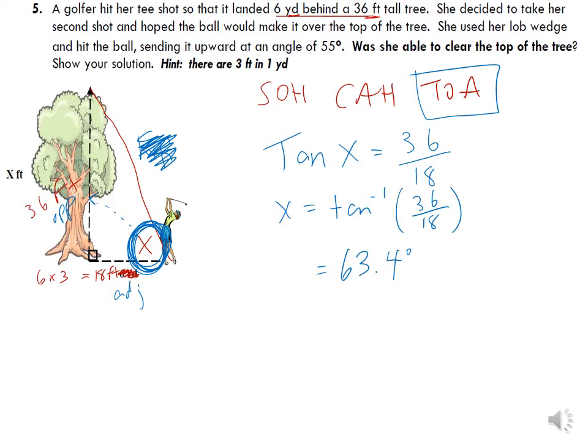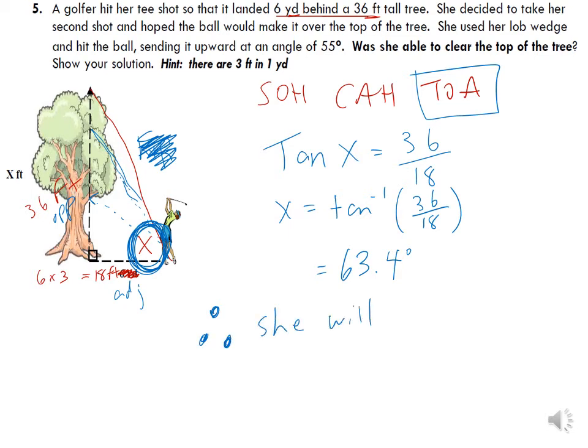She only hit her lob wedge at 55. So her lob wedge basically is less than 63.4. So that means that her lob wedge is something like this, and it's going to strike the tree, since 55 degrees is less than 63.4. Word problem, therefore statement.